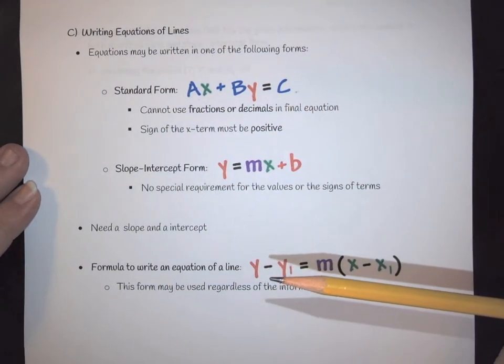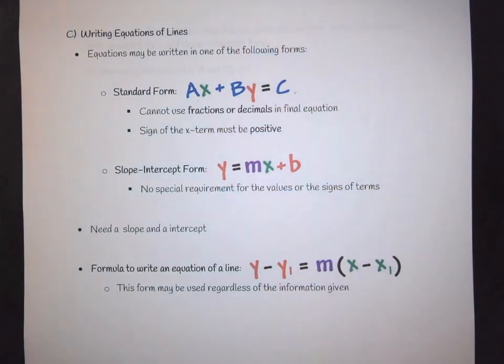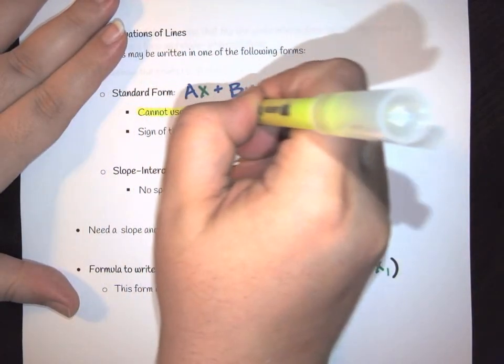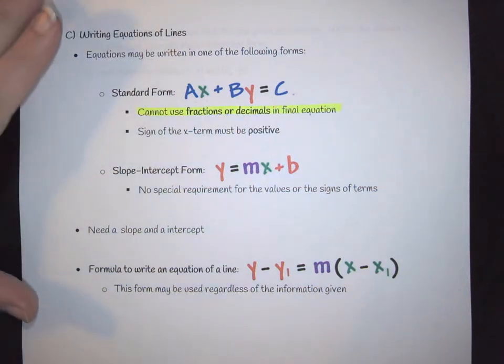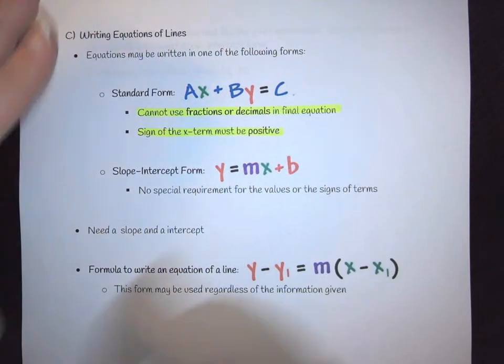There's a couple rules that we have to follow when using standard form, so do make sure that you pay close attention to them. The first rule is that you cannot use fractions or decimals. In this equation, we're talking about good old-fashioned whole numbers. The second rule is that the sign of the x term must be positive.